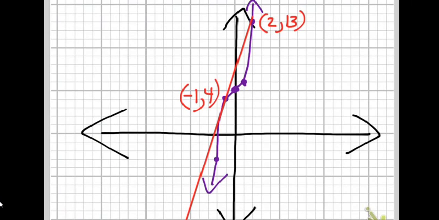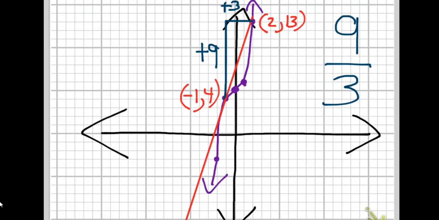If we count, using the terms rise and run, on this secant line, we can see that I go up 9 units and to the right 3 units. And if we rewrite this as a rate, the change in y, 9, divided by the change in x, 3, gives us our average rate of change of 3.